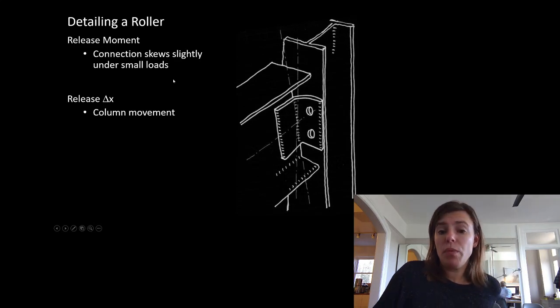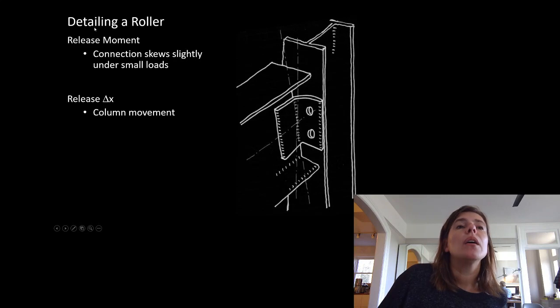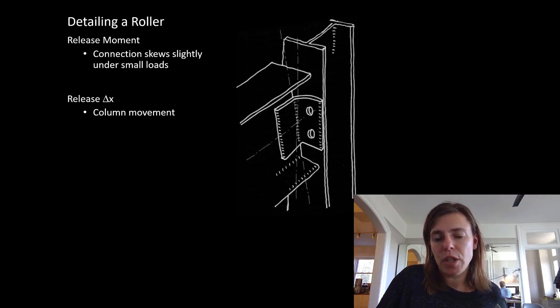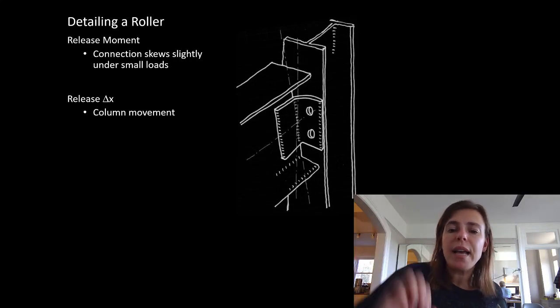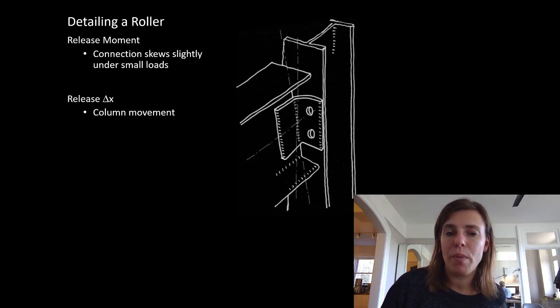First off, what releases moment? How do we not end up with moment either? So moment, we just need to allow some tiny little bit of rotation. Once we have any amount of rotation, that doesn't mean that it has to spin off into space or really kind of rotate a lot. Any amount of rotation means we've released that reaction for moment.